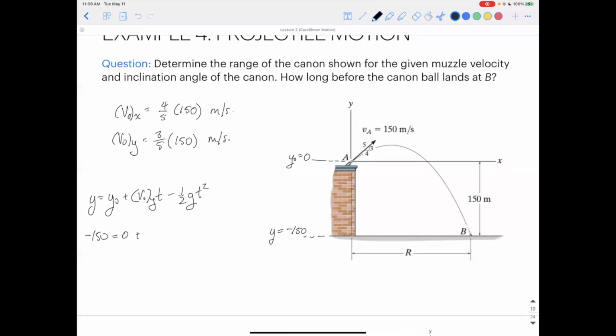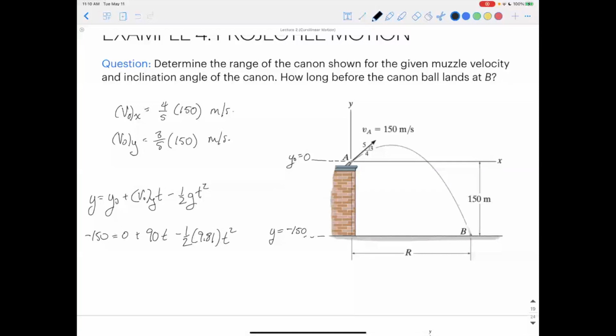What's 3/5 times 150? Let's simplify that. Hopefully you get 90 times t minus 1/2 times 9.81 times t squared. So we only have one unknown.